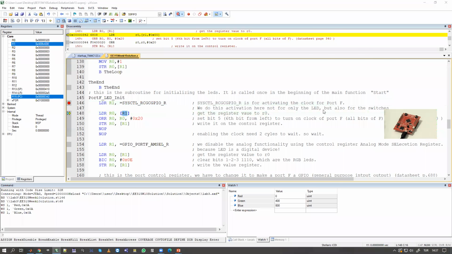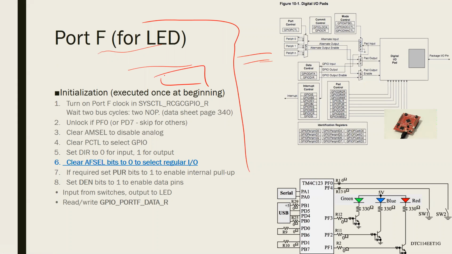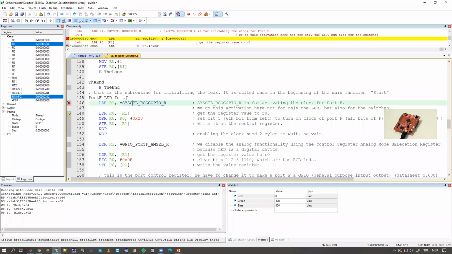The pad is connected to here, and this is the microprocessor. Somewhere here you have this control register. So I'm reading the values inside the control register. What LDR does is go where R1 points, get the values inside that address, and write it to R0. So after this line, I'm pressing F10.